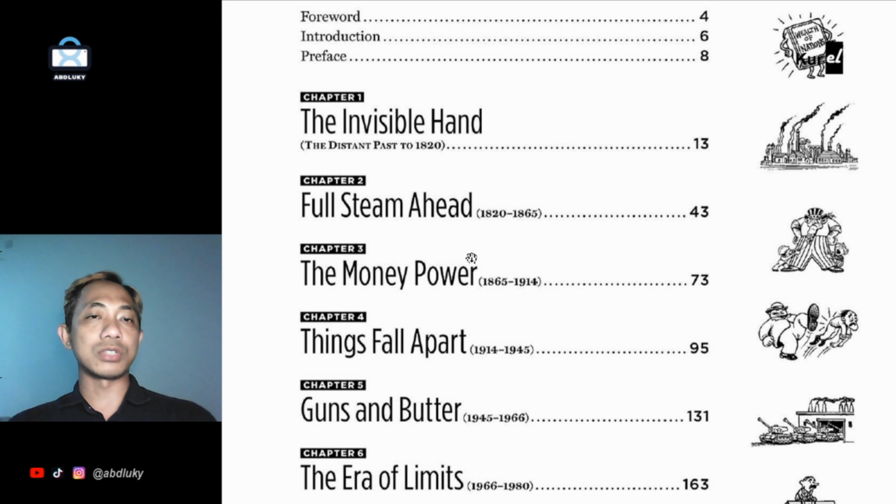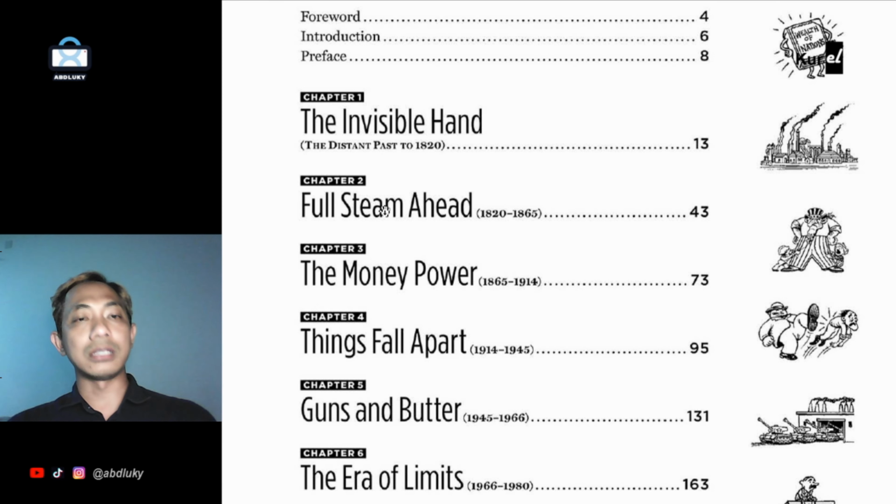This comic consists of some years. For example, related to the Invisible Hand, it will tell us about what happened back then, from the distant past to 1820. And then there will be Adam Smith, who thought about the invisible hand.